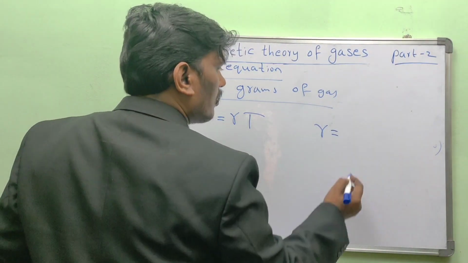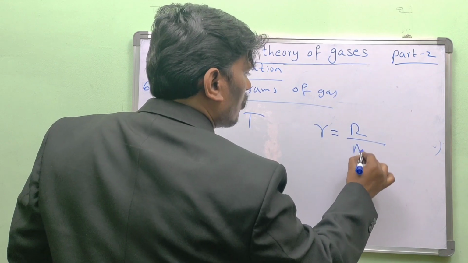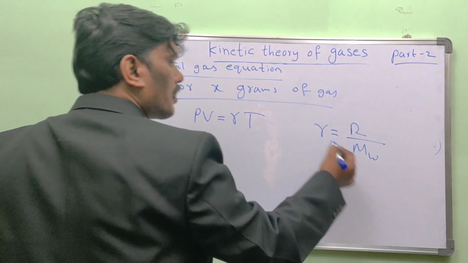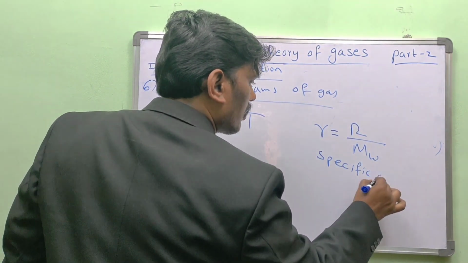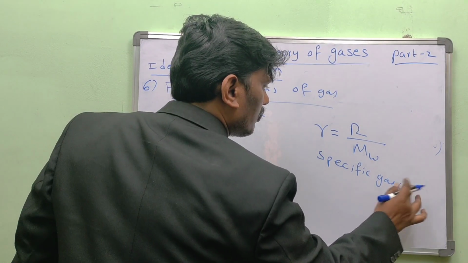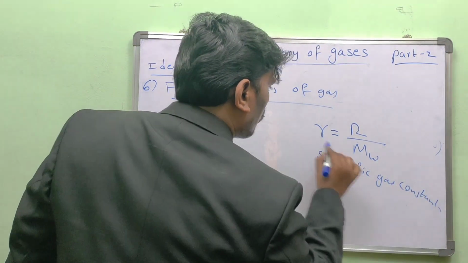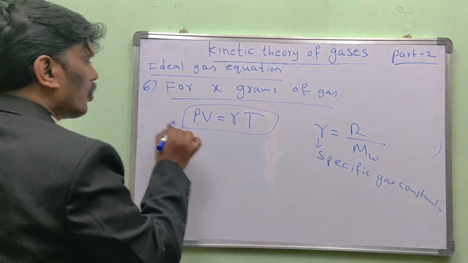What is R here? The universal gas constant by molecular weight. The ratio gives the specific gas constant, and a small r is the specific gas constant. This is for 1 gram of gas.